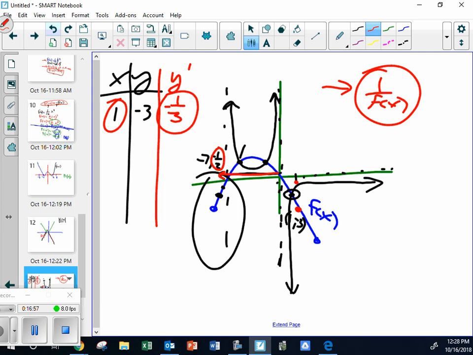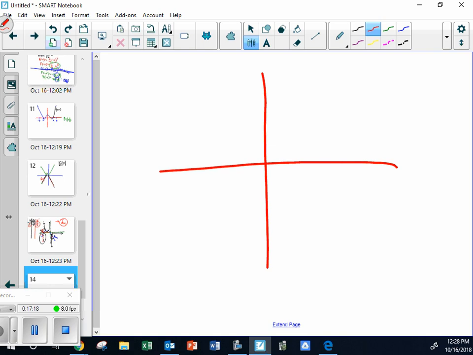So it would be like down here. And then I can go, oh yeah, it's going to go like that. If you have to, make a whole bunch of points and change their y values to 1 over what they were. That's how you can be sure. I think this is the hardest thing, so I'm going to give you one more like that. Let's see if you get this one right.